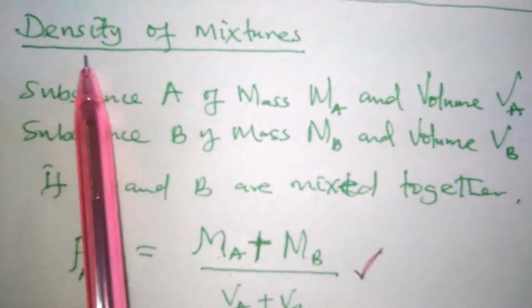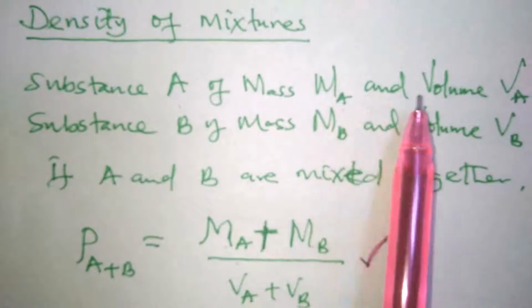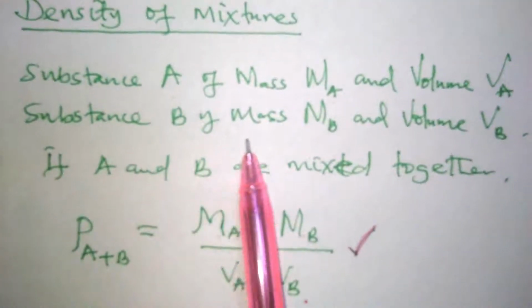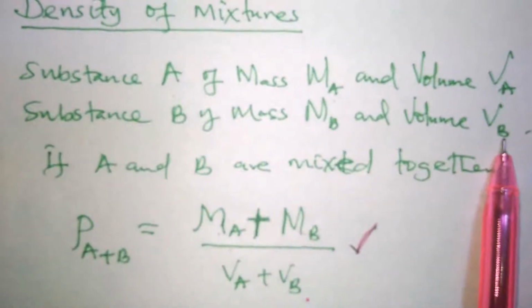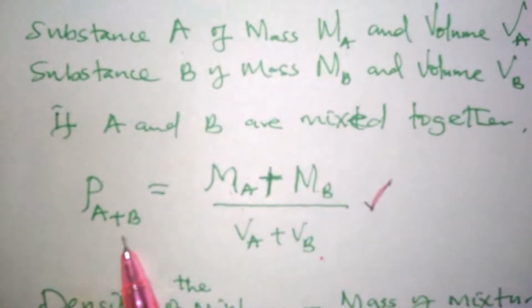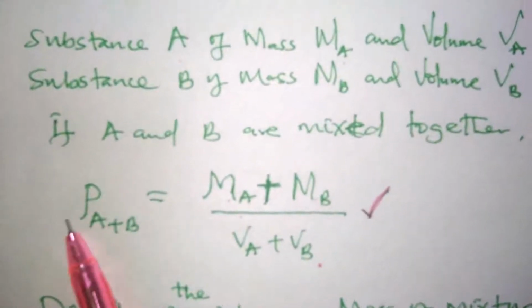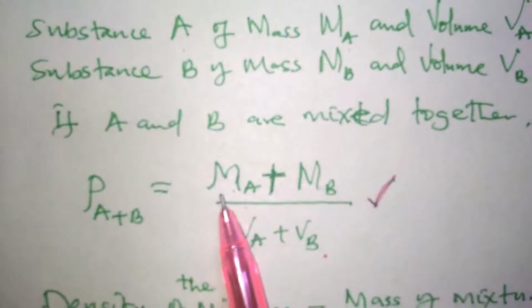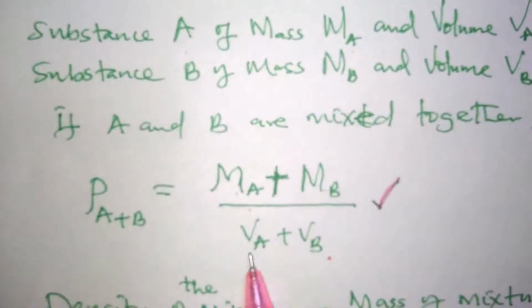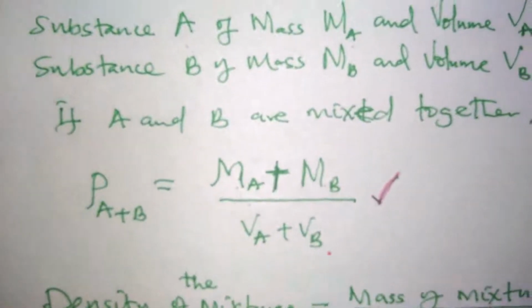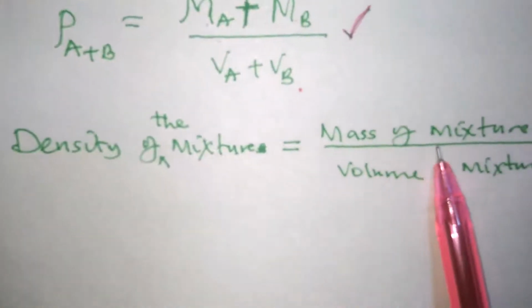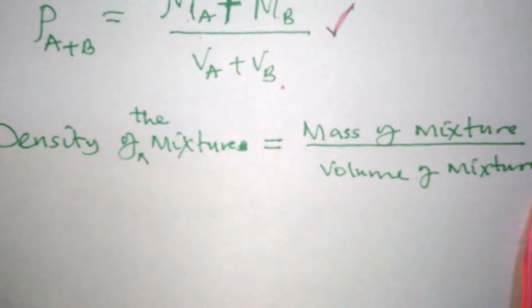Now, if you have substance A of mass MA and the volume of the substance A is VA, and then we have substance B of mass MB and volume VB, then if A and B are mixed together, then to get the density of the mixture, which is the combined density or the overall density, you simply get the masses together, add them, mass of substance A plus mass of substance B, you divide by the volume of substance A plus the volume of substance B. In other words, we are saying that the density of the mixture is equal to the mass of the mixture over the volume of the mixture.